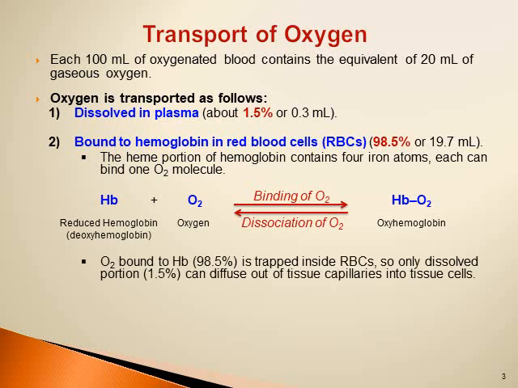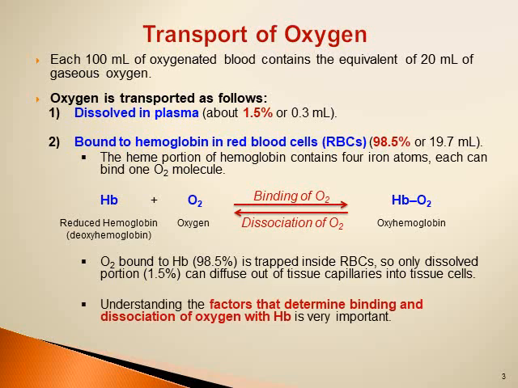Oxygen bound to hemoglobin, which is 98.5%, is trapped inside the red blood cells. So only the dissolved oxygen, which is 1.5% of the total transported oxygen, can freely diffuse out of the tissue capillaries into the tissue cells.